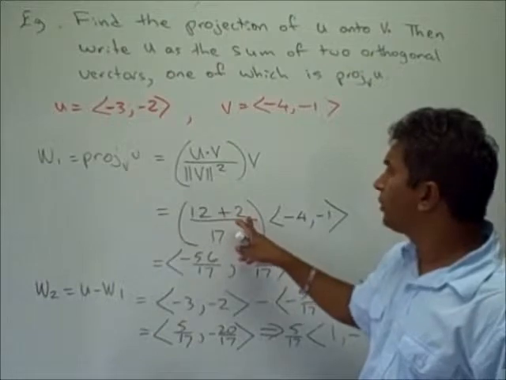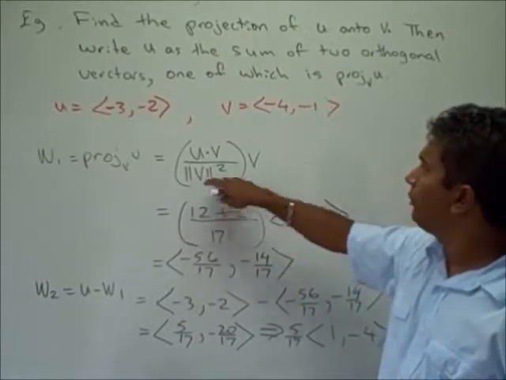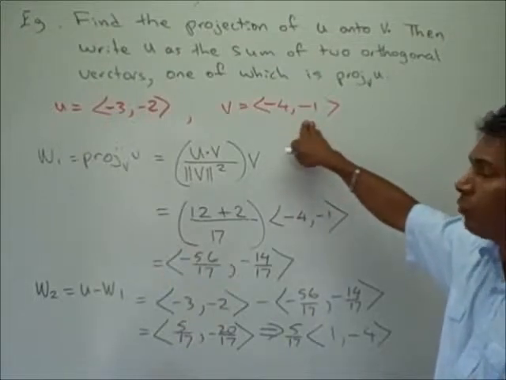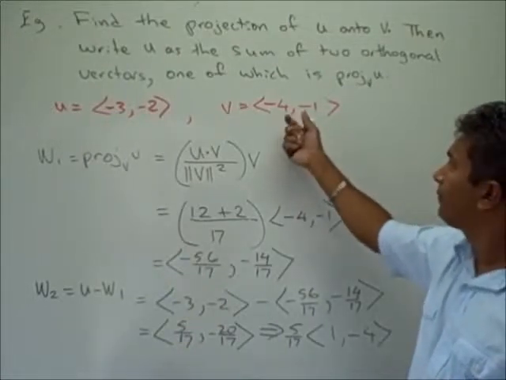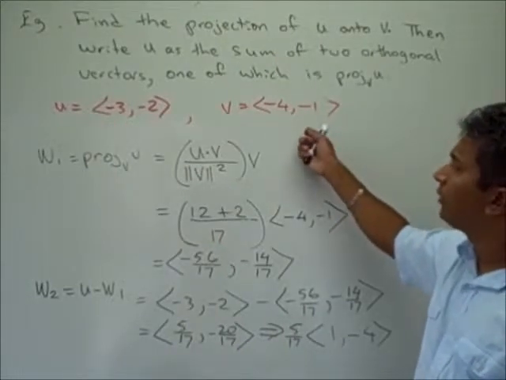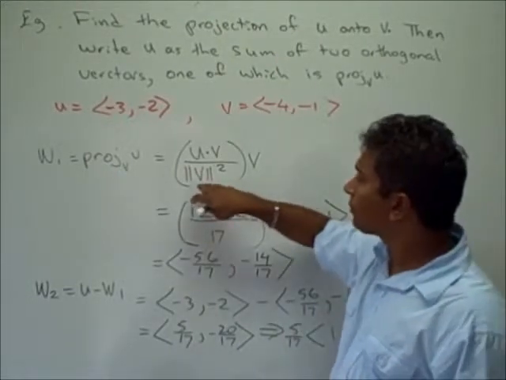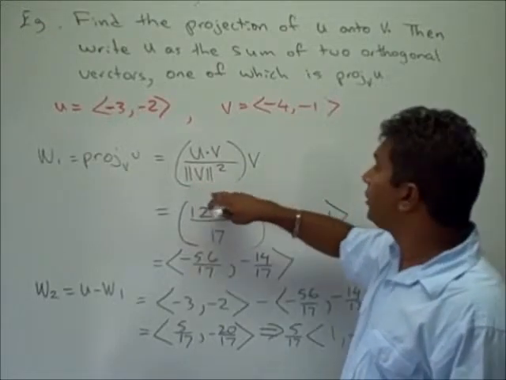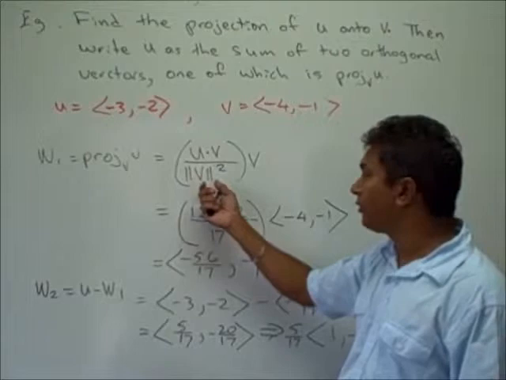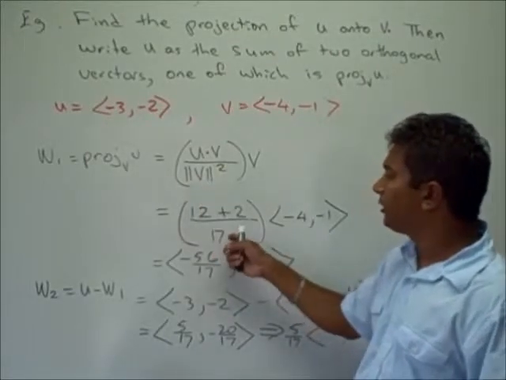So this becomes 14. And the magnitude of v squared would be -4 squared, which is 16, plus -1 squared, which is 1. So 16 plus 1 is 17. So the magnitude of v would be the square root of 17. Now when we square the square root of 17, that just gives us 17.